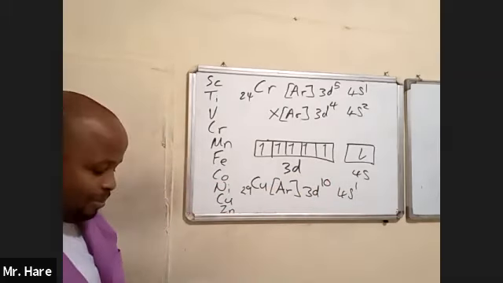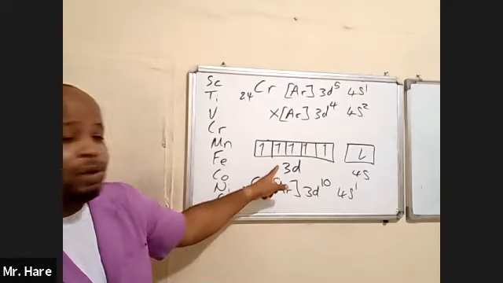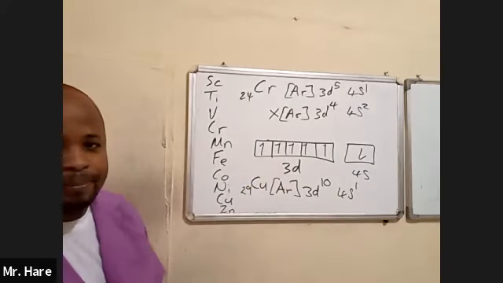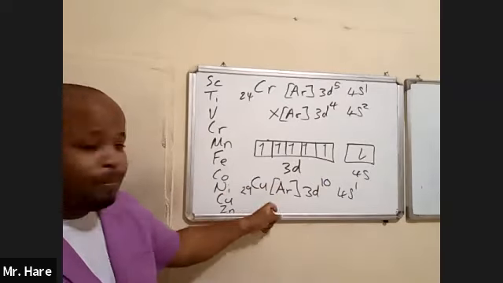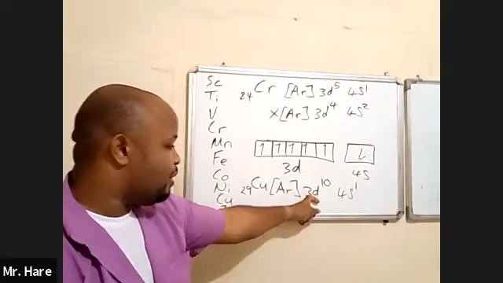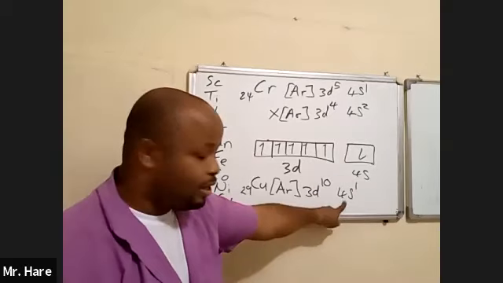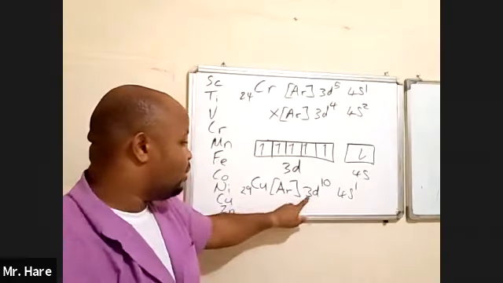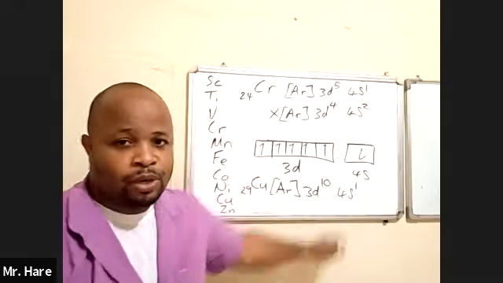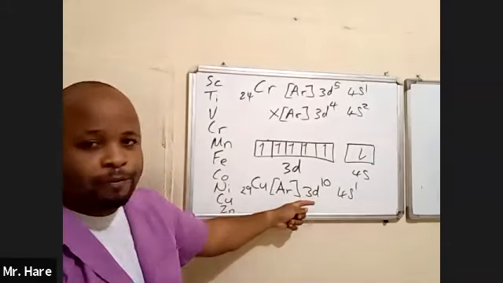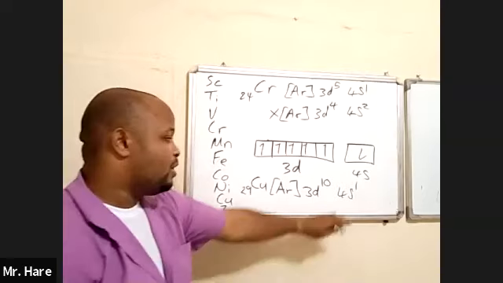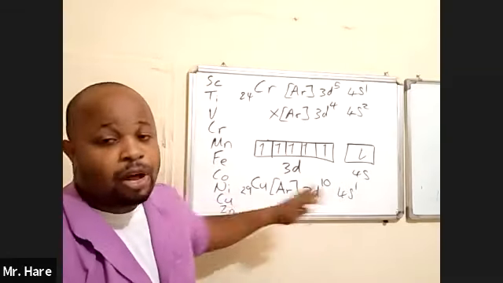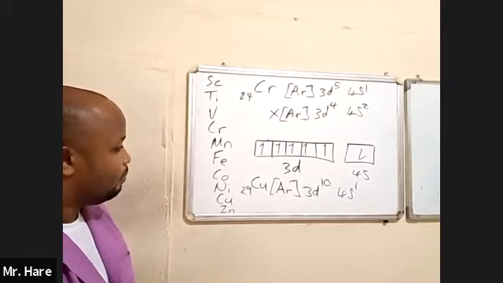All right, so that is why chromium is 4s1, 3d5. For copper, you fill the 3d10 first, then the 4s. So that is why it's 3d10, 4s1. You fill the 3d orbital first because it is lower in energy than the 4s for copper. All right.